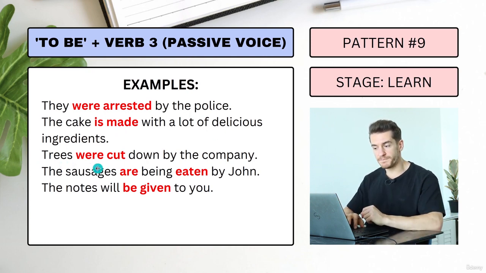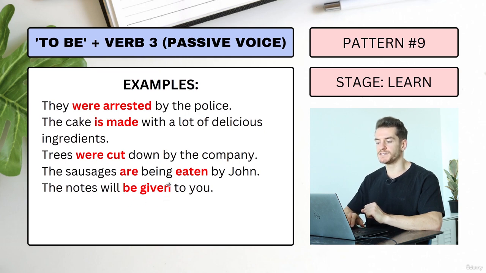We've got the verb to be, so we need verb 3 because it's a passive voice sentence. The sausages are being eaten by John. Passive voice, we've got the verb to be and we need a verb 3.